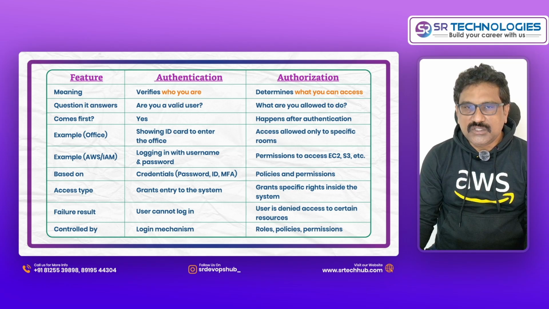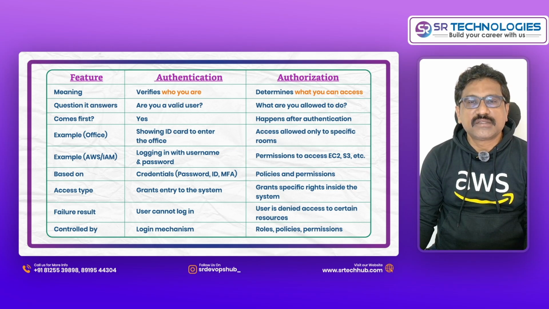That means whatever access card you got to enter inside your office building, that is authentication. Fine. Once you enter inside the building, you should not go wherever you want. There will be different areas like a cafeteria, server room, power room, other managers' cabins, and your team's desk, the area where your team will sit. You have to go and sit with your team, wherever they have allocated space for your team.